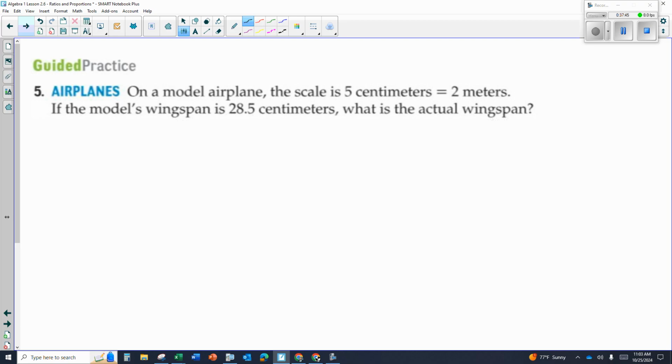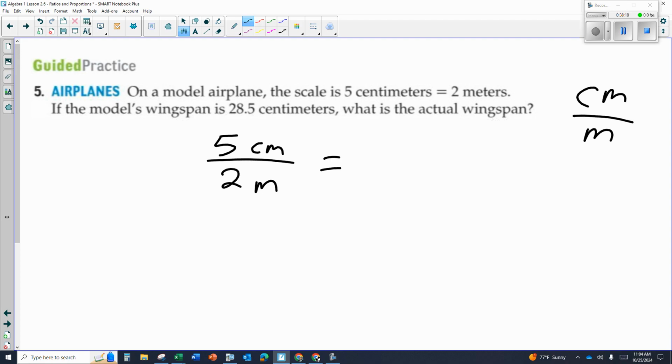So the very first thing it tells us is we have a scale of a ratio of 5 centimeters for every 2 meters. So 5 centimeters, and that's abbreviated, 5 centimeters for every 2 meters. Well, we're going to keep that ratio the same because our key ratio is centimeters in the numerator, meters in the denominator.